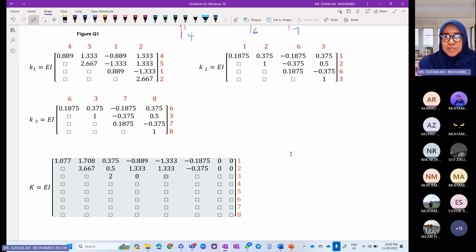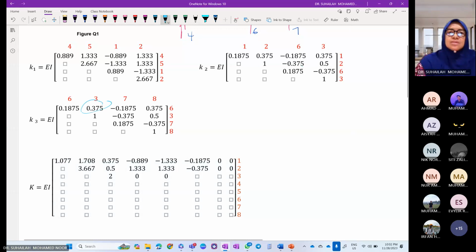If you don't find the position, that is 0. 3,5: 0. Then 3,6, 6,3: 0.375.